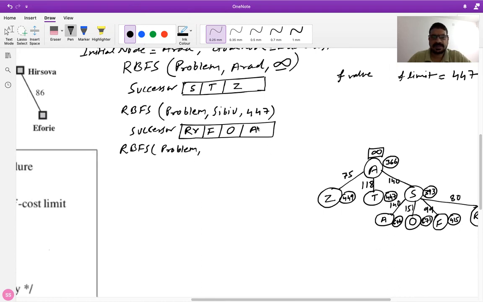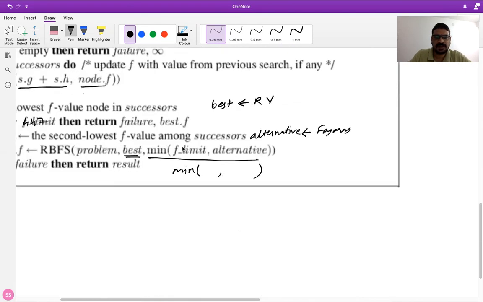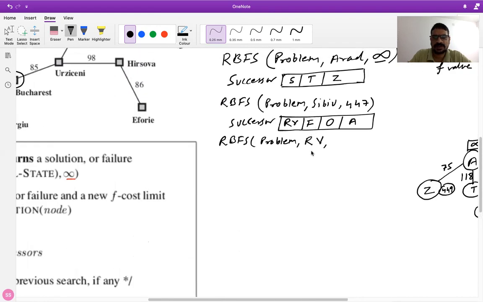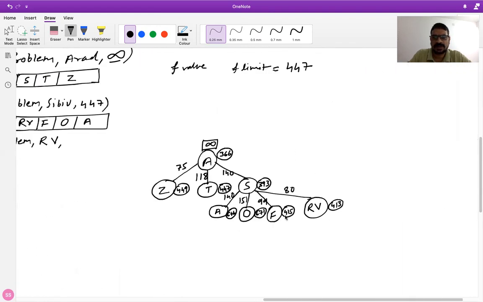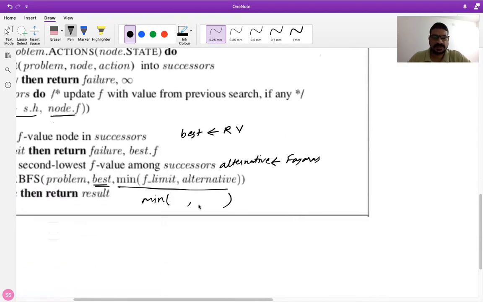What is the best? Best here we find is RV, right? I'm writing Rimnicu Vilcea. And what is the F limit here? For calculating the F limit, we have to consider the F limit and the alternative. The alternative will be your Fagaras, so the Fagaras value is 415.